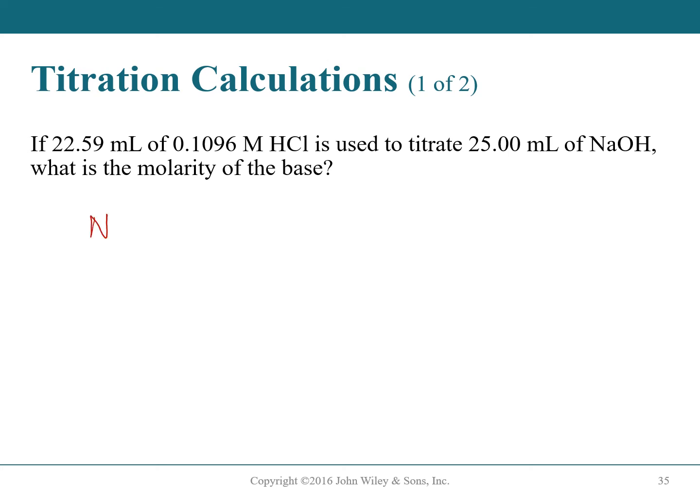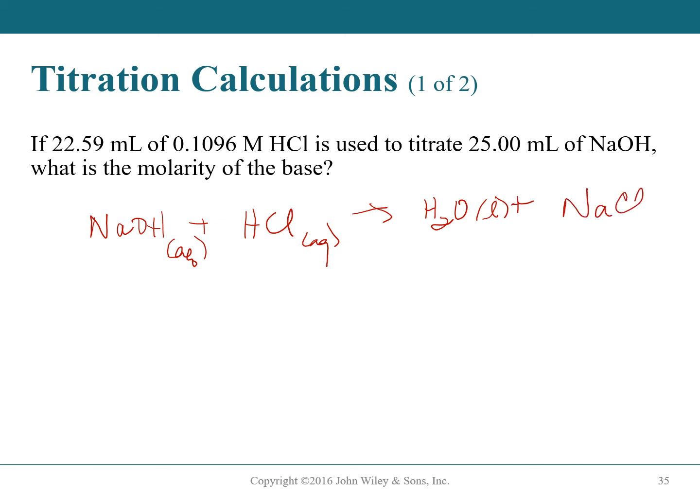We're doing sodium hydroxide, aq, plus hydrochloric acid, aq, goes to water and sodium chloride. Now, why do we need a balanced reaction if we're only focusing on my two reactants?